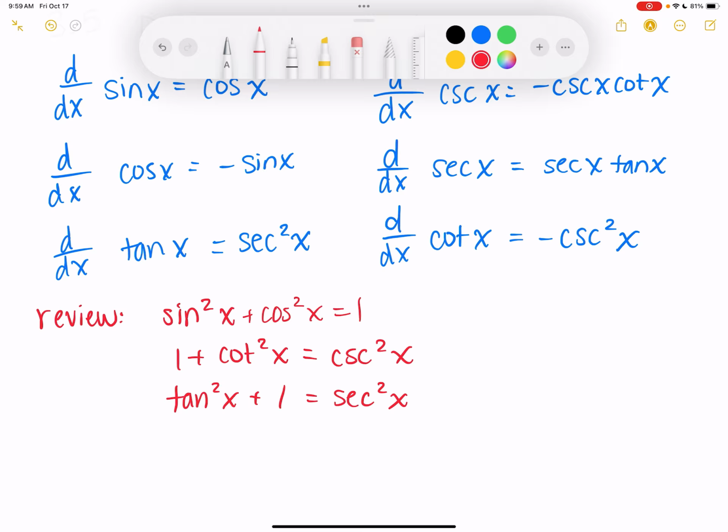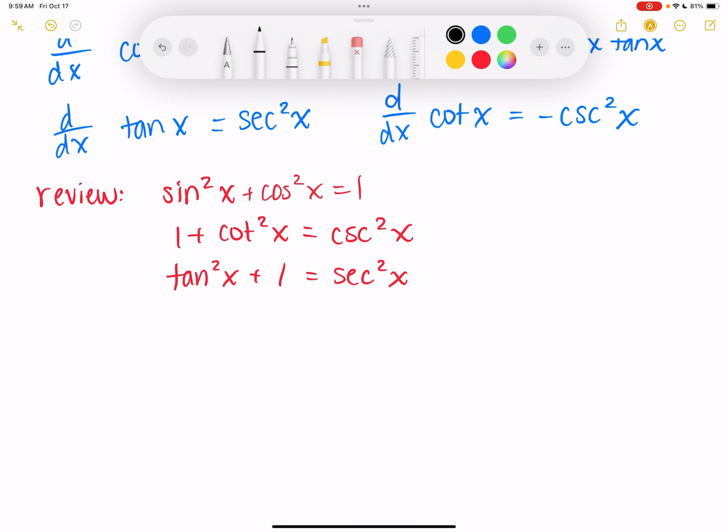If there are other ones as we're going that we need to review, obviously we'll stop and review them. So let's see where we're at. Find dy dx for the given problems. Number 2, y equals 2 sine of x minus tangent of x. With this, if there's a number by itself in front of our trig function, that number is going to stay with our derivative.